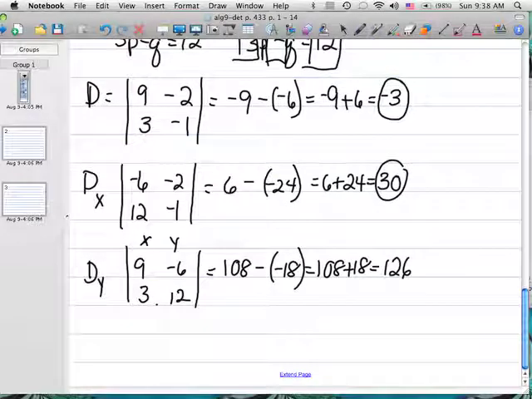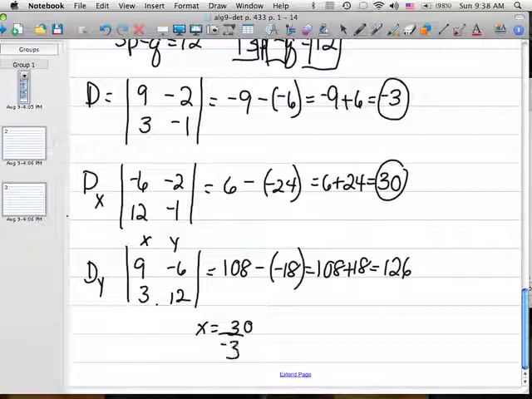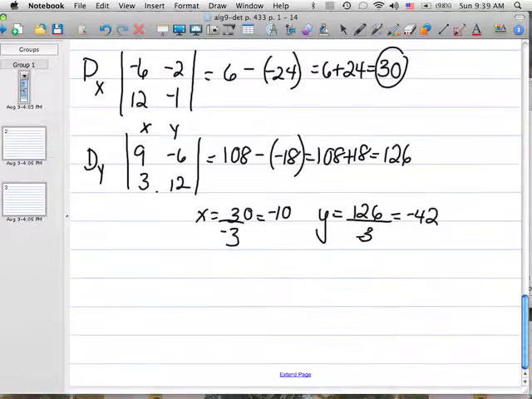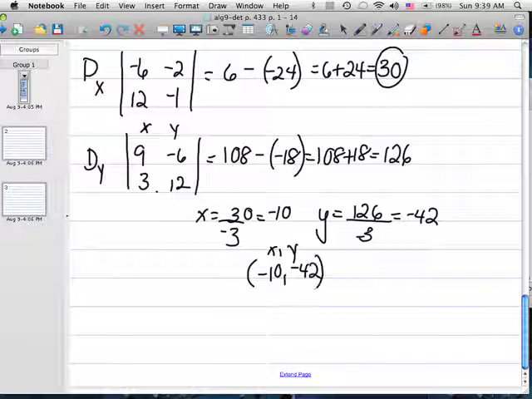So x will equal 30 divided by negative 3, which is negative 10, and y will equal 126 divided by negative 3, which is negative 42. So my ordered pair is x, y, negative 10, negative 42.